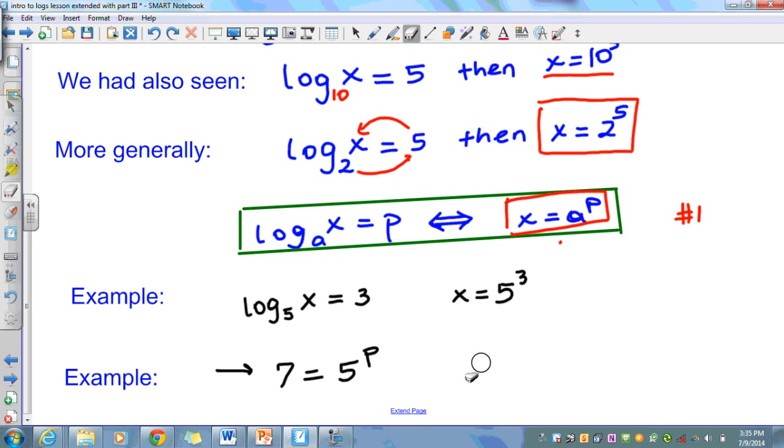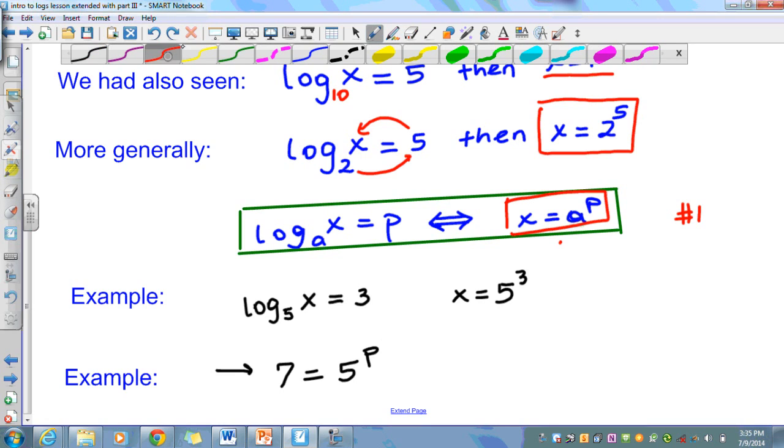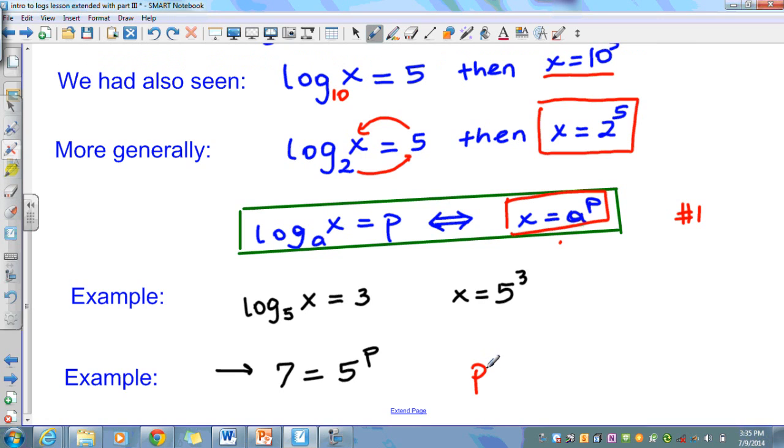Let's recreate the answer together. So if 7 equals 5 to the p, find the value of p. If that is the question, then p equals, remember this power is a logarithm and it comes with the base 5. So this is going to be logarithm base 5 of 7.